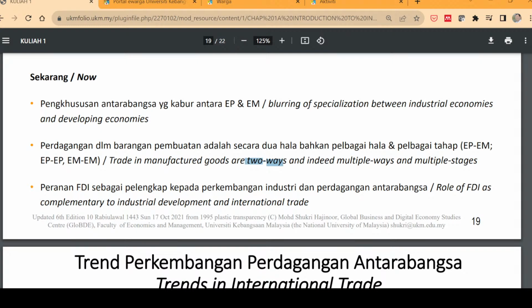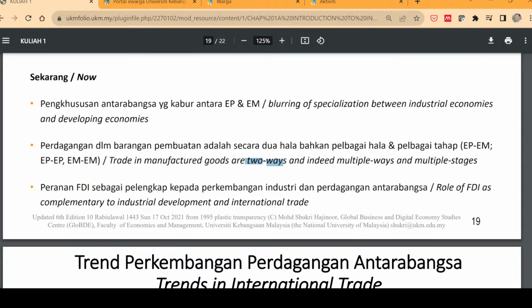The less developed countries, well, we call it developing countries. The already rich, developed. Okay, you have to know the definition. Among developing countries also, they're trading with each other as far as manufactured goods are concerned. And still, they continue to export commodities to the developed economies.